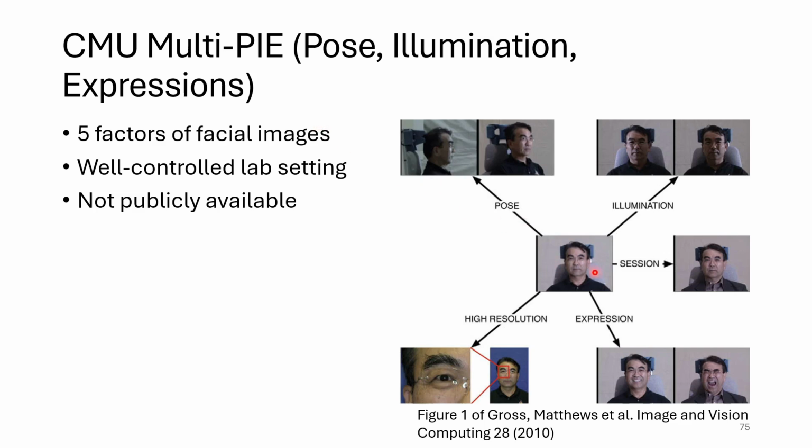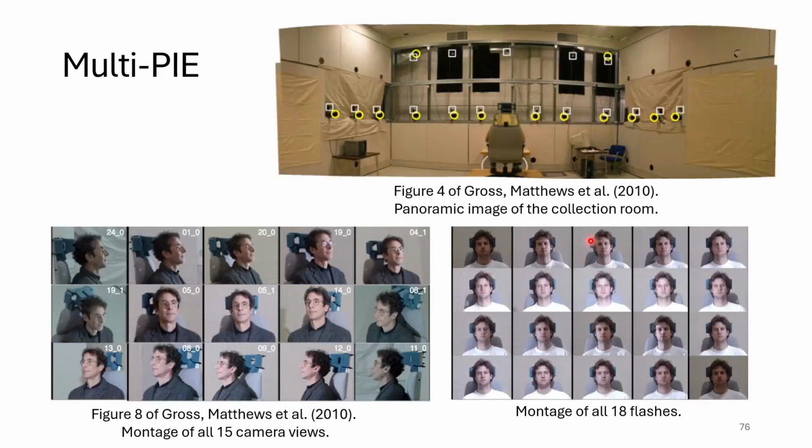It means given a face, they can take 15 poses and 18 different flashes. Why? Because they have a studio. The yellow circle here is a camera, and the white square here is a flash.